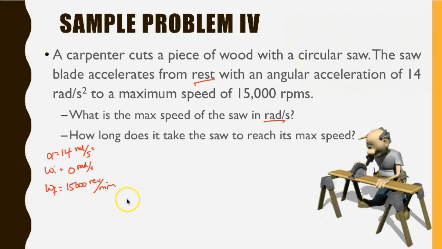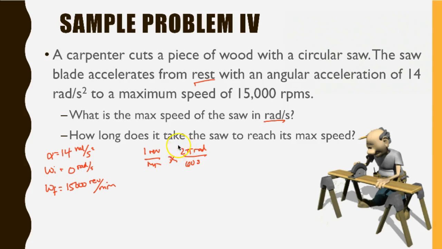So we're going to do a little unit conversion here. 1 revolution per minute is equal to, to do the conversion, I need to multiply by 2 pi radians and divide by 60 seconds. That's essentially my little shortcut.